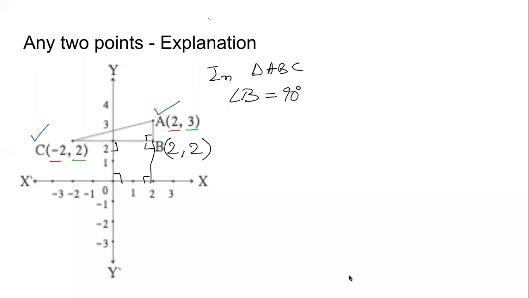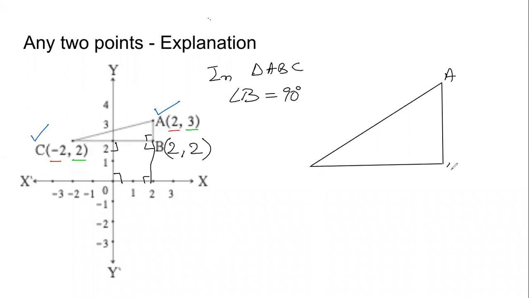Now let us look at this triangle ABC in a little bit more detail. I will try to draw a bigger triangle for you. I'm just representing the same triangle at a different place.